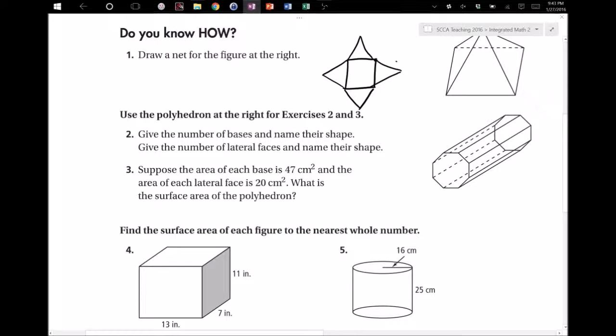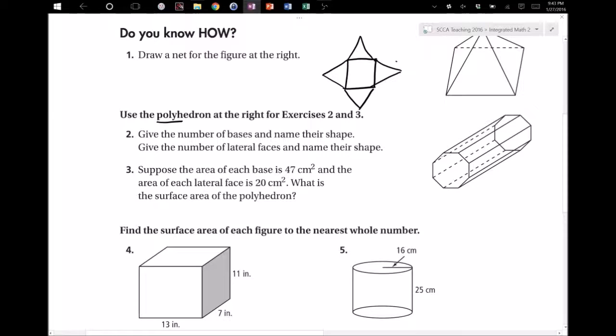All right. Use the polyhedron at the right for exercises 2 and 3. A polyhedron is just a shape with multiple sides. So poly means multiple sides. Hedron means shape. Okay, give the number of bases and their name. Bases are the ends.